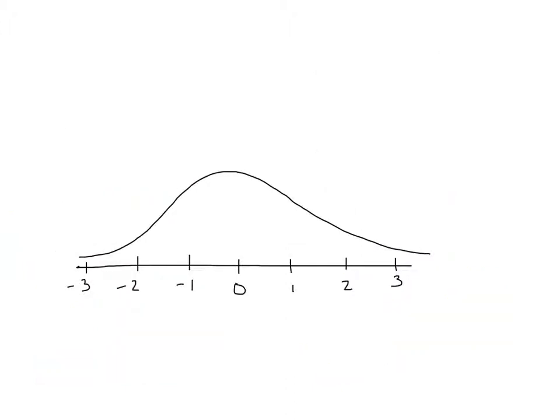If we go to our interpretive curve, we have our z-distribution here. Again, we have a mean of 0 and a standard deviation of 1. On her bench press, she scored a 2.18, so we'll draw it right around there.